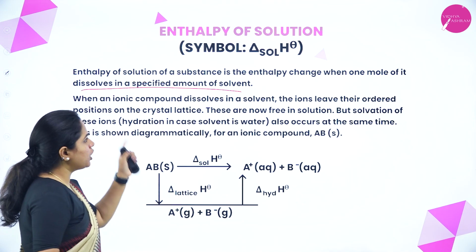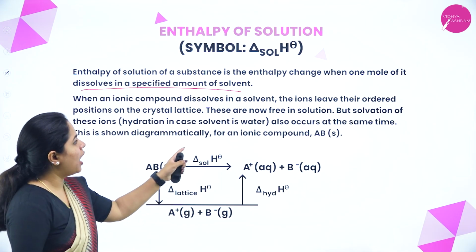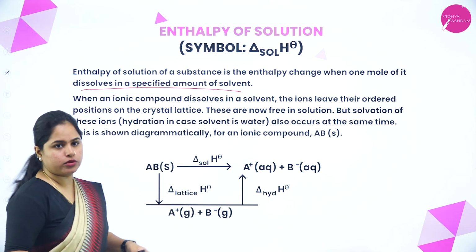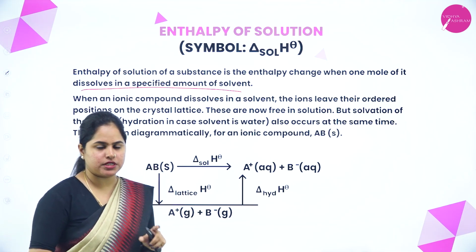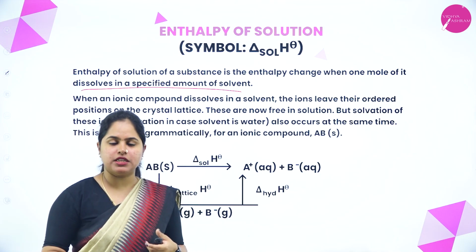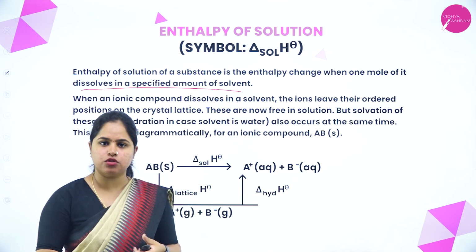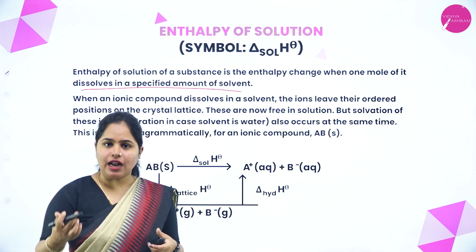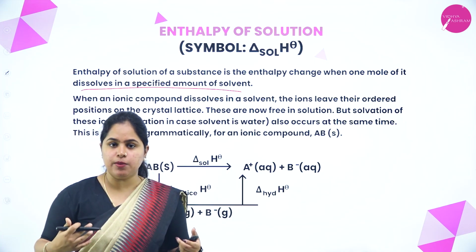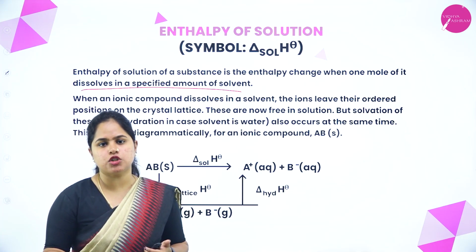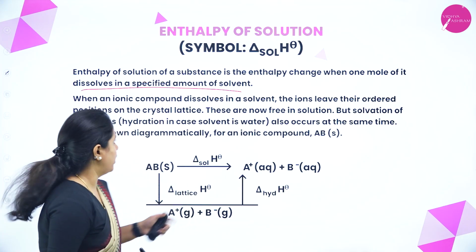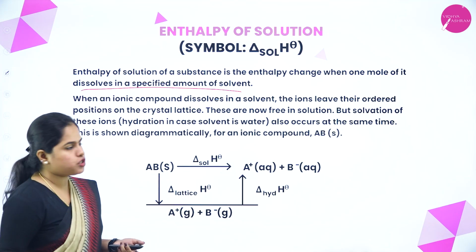When an ionic compound dissolves in a solvent, the ions leave their ordered position on the crystal lattice. That means if an ionic compound is present and we are dissolving it in water, from solid state it is getting converted into liquid state. In that case, the ions can freely move. In solids, they will be tightly packed. Now when they are getting converted into liquid, they can easily move around. So these are now free in the solution, right?